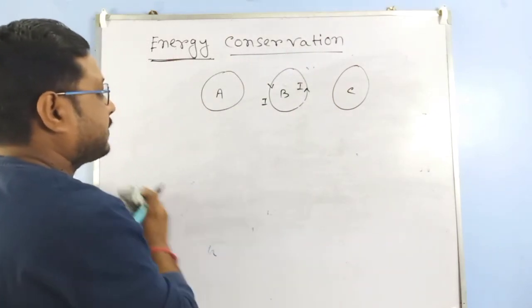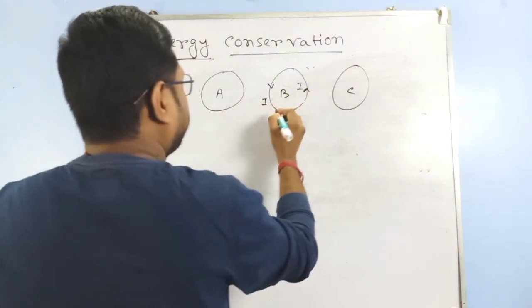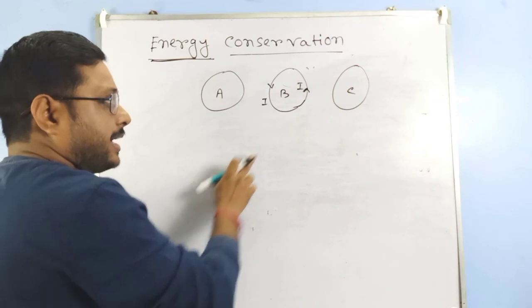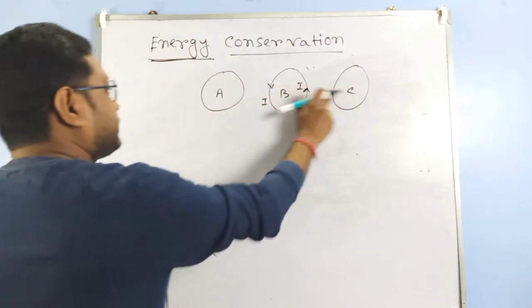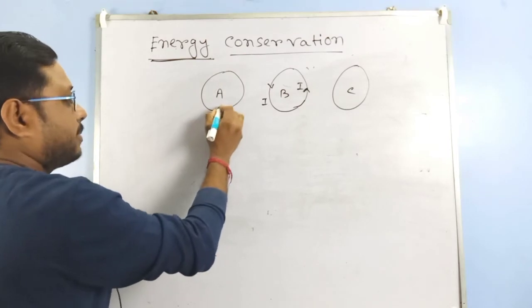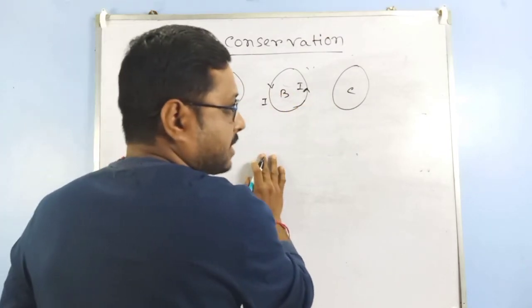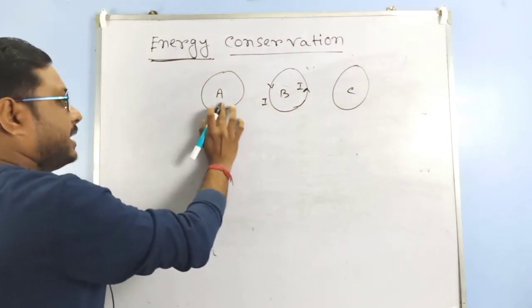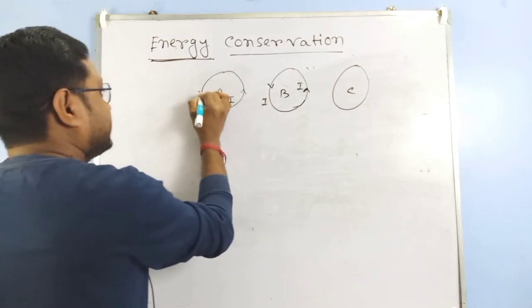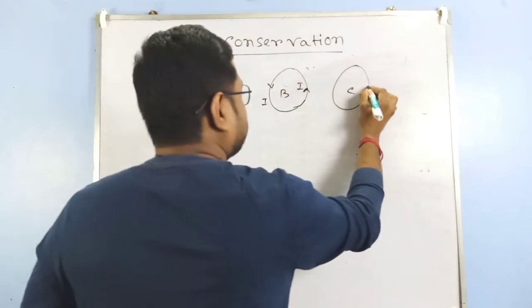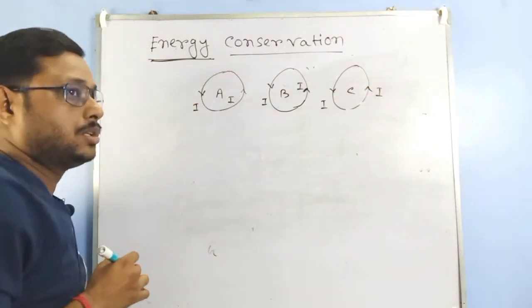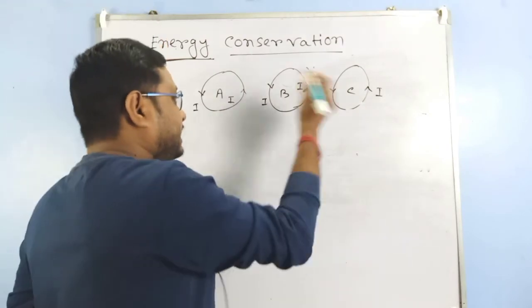So, if current passes through the coil B, it will increase the flux of B, and as these two loops are parallel to B, it also increases the flux of A and C. So a current is induced in both A and C.